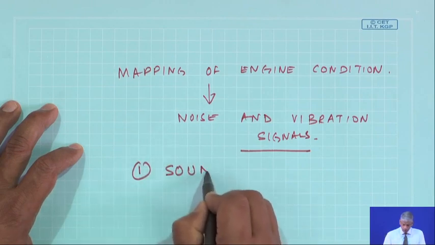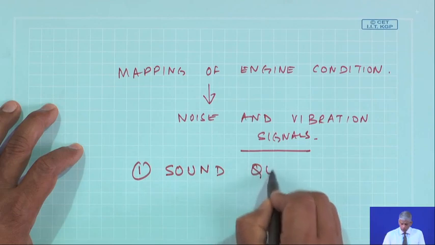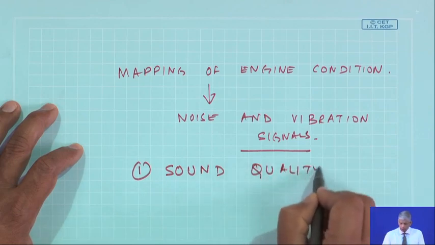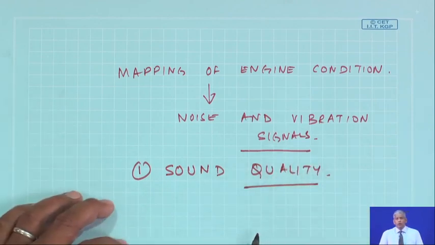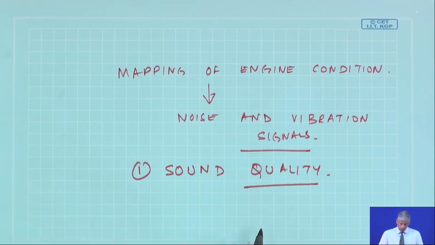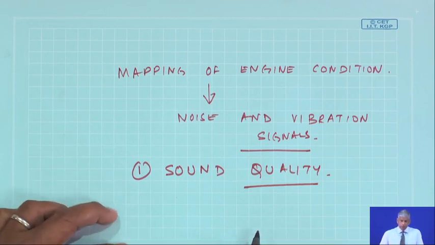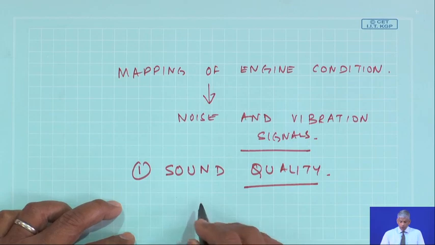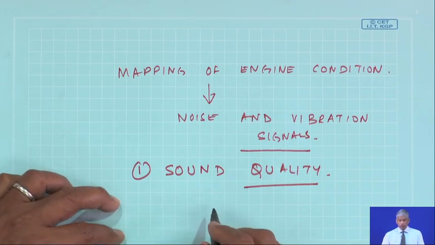Today, people are looking at sound quality. So, sound quality is nothing but an objective metric for subjectively evaluating a sound. Now, when I say something is good, something is bad, somebody may say it is noisy, somebody else may say it is not noisy. So, this becomes very subjective.